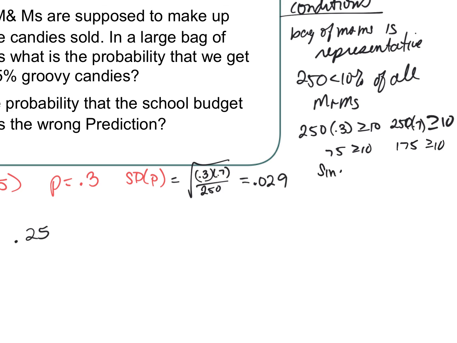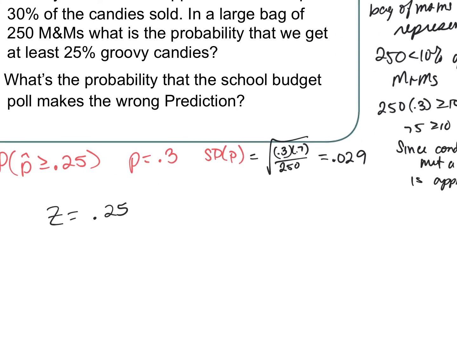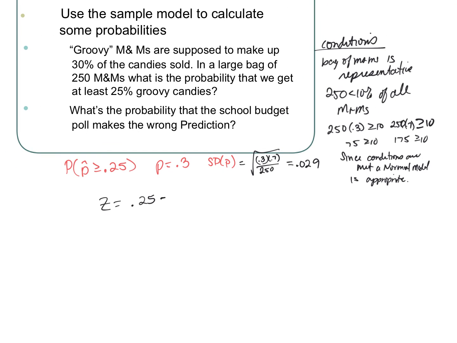So since conditions are met, a normal model is appropriate. Whatever. Now I can go back and do my calculations.